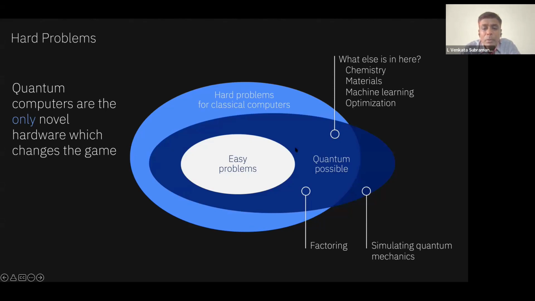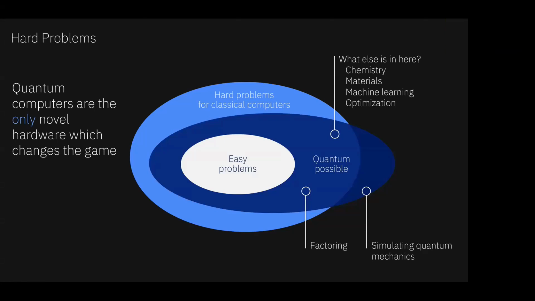But there are problems like this light blue region here. These are the hard problems. We just saw factorization is going to take billions of years for large numbers, prime factorization for classical computers, right?